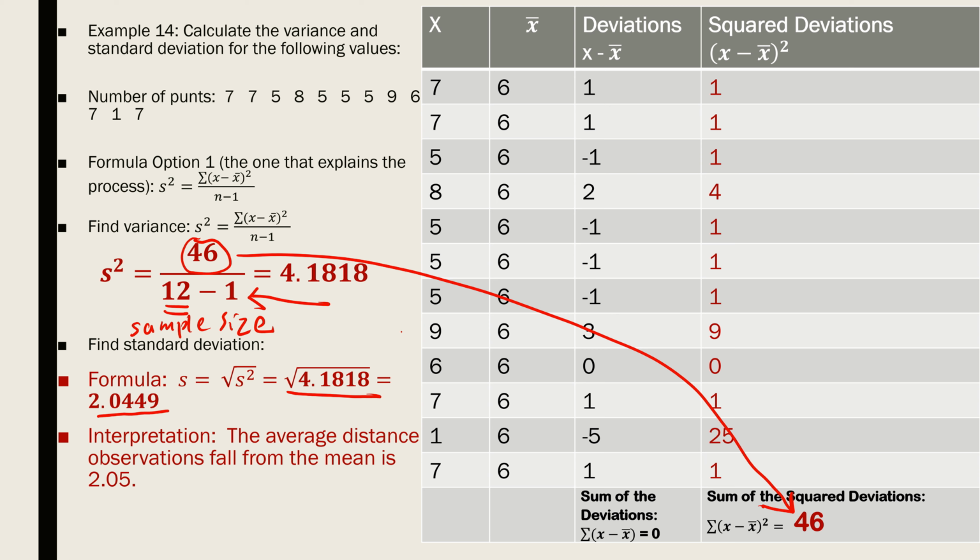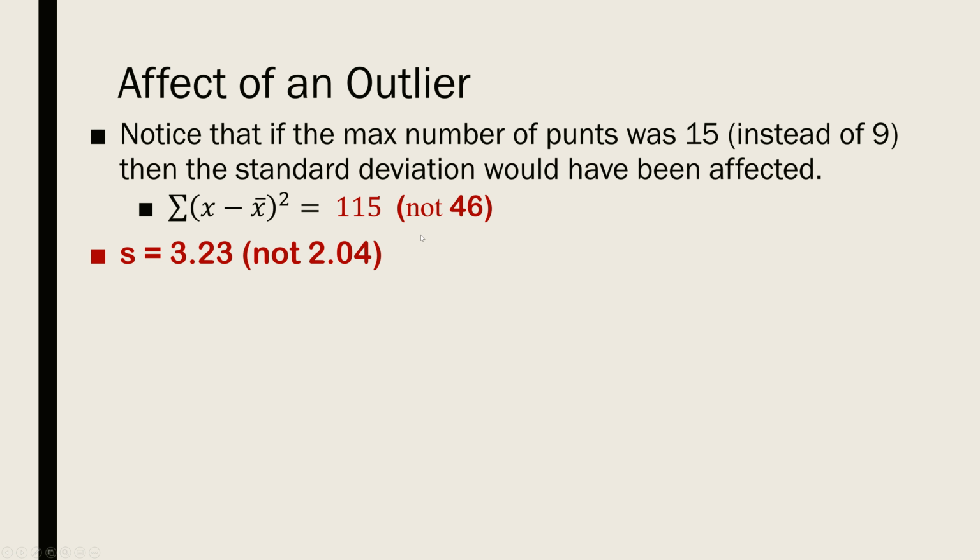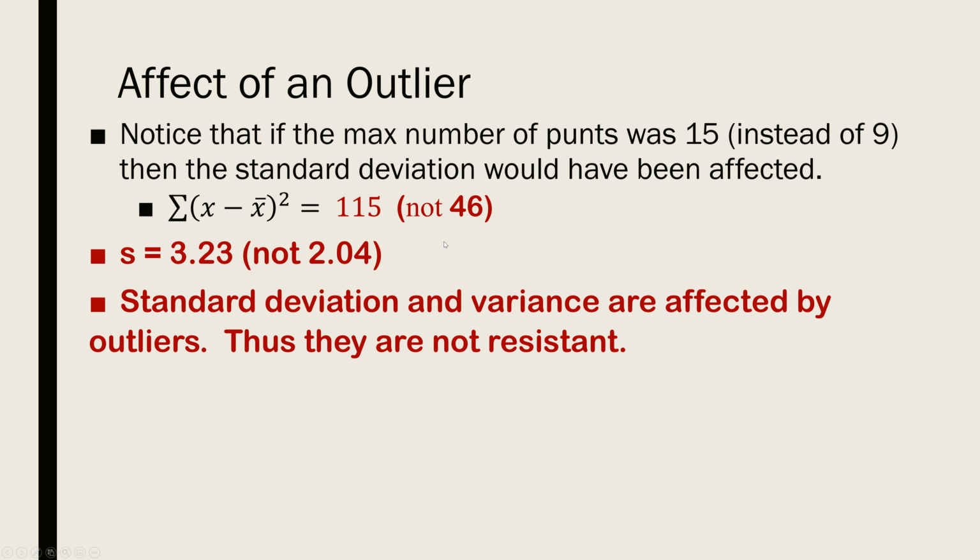So we will use 15 instead of 9 here. And we just do the same calculation as we did in this page. Then you can verify that the sum of squared deviation becomes 115, not 46 anymore.